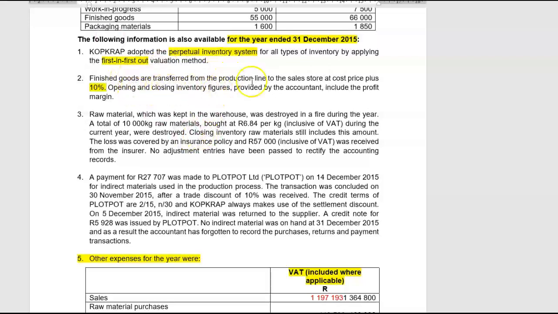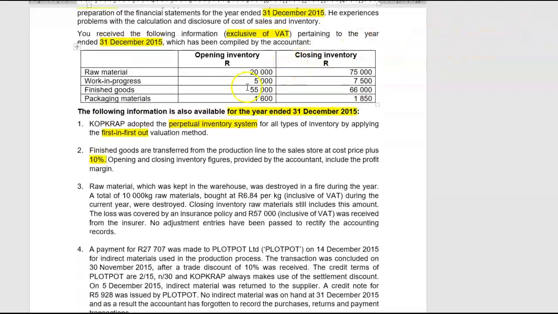Opening and closing inventory figures provided by the accountant include the profit percentage. So that 55,000 includes 10% profit, that 66,000 includes 10% profit. So that means that will be the opening balance and the closing balance of my finished goods account. But I can calculate now the opening balance and the closing balance for my allowance for unrealized profit.